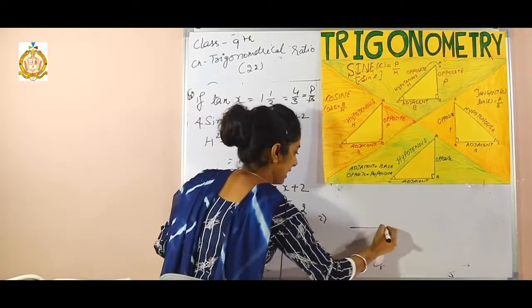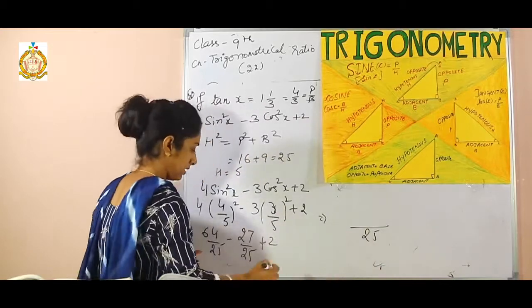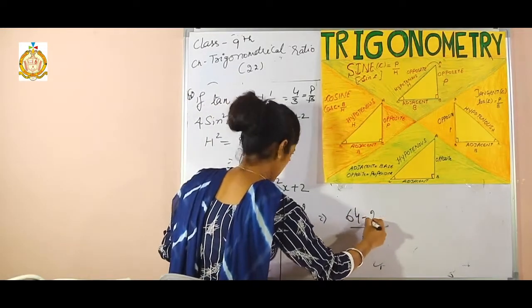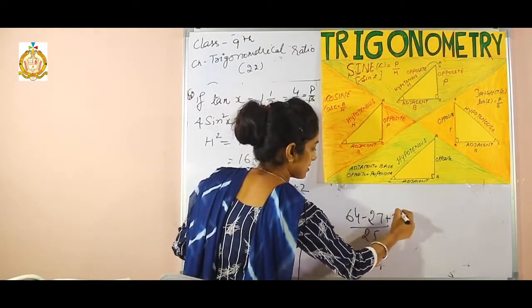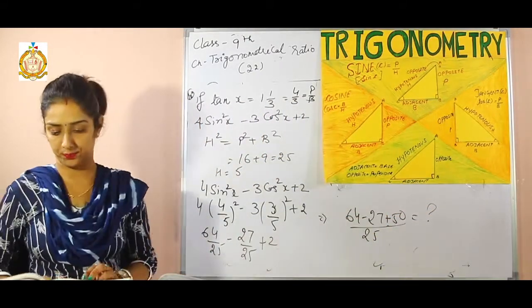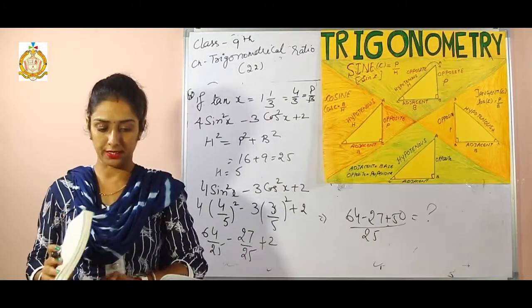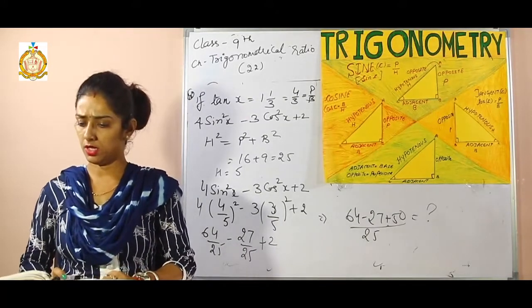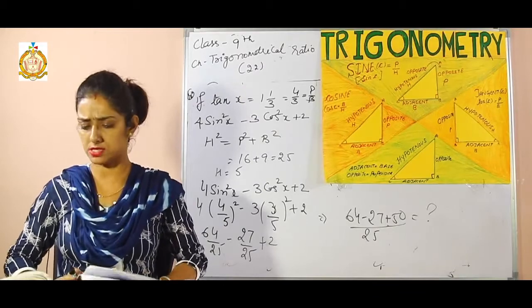Now we have to take the LCM 25, here is 64 minus 27 plus 50. After solving it, you get the answer. Okay, now come to the 18th question. The 18th question you can do it, it's very easy.